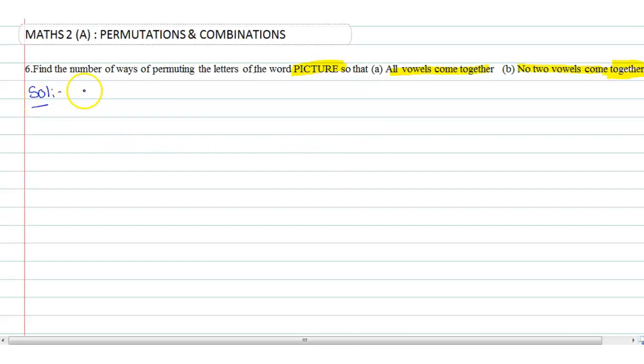So here I am writing, the word picture has how many letters? 1, 2, 3, 4, 5, 6, 7. Picture has 7 letters.